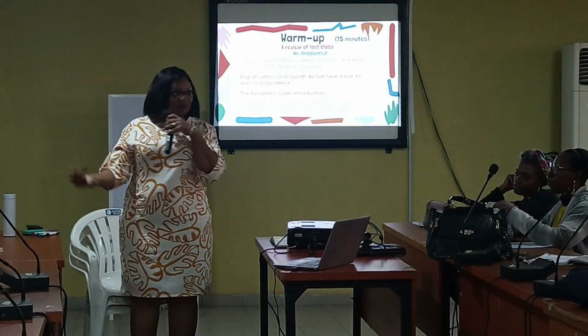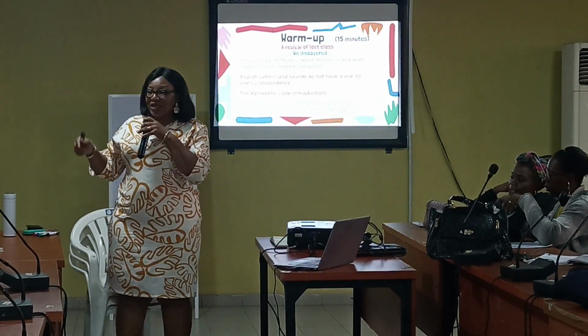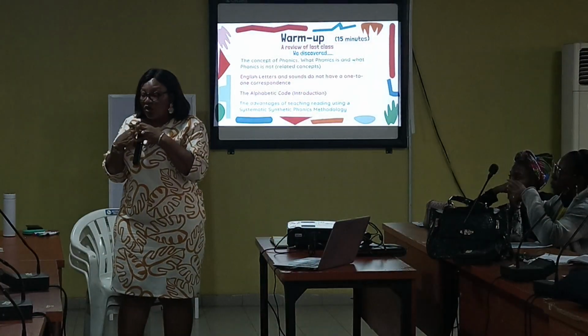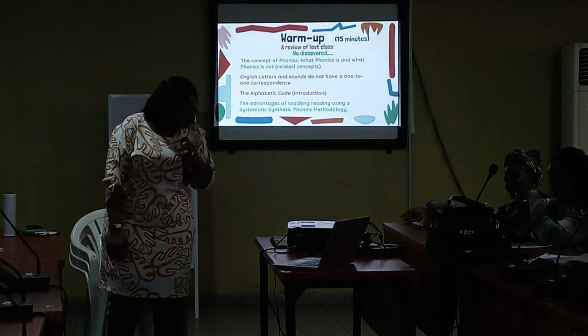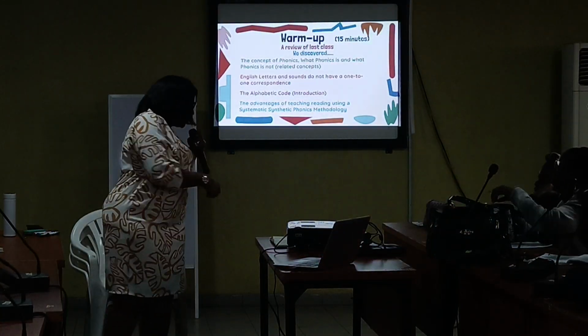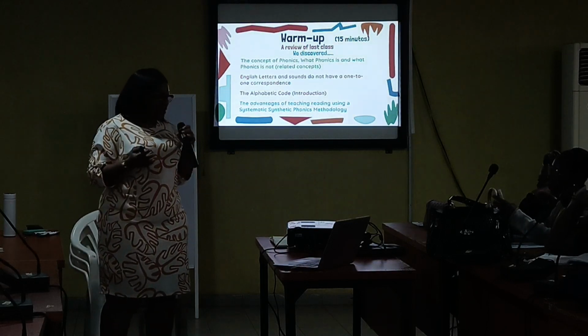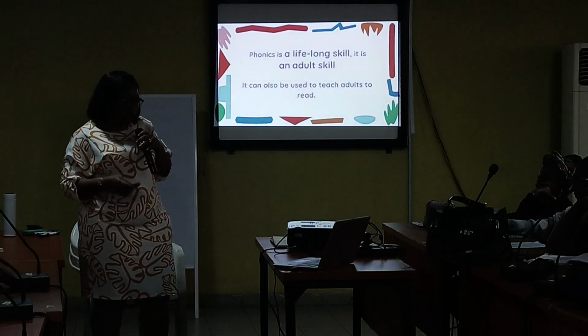Any other additions to that? One sound can be represented by more than one letter. Two or three letters can come together to make a different sound. Alright, thank you, so we get the point. That's why there isn't a one-to-one correspondence between the letters and the sounds.